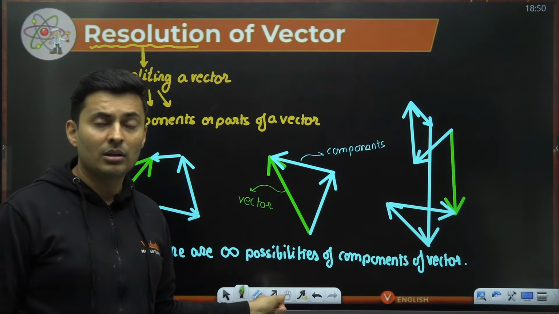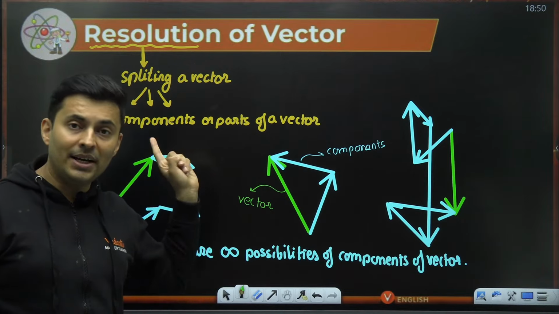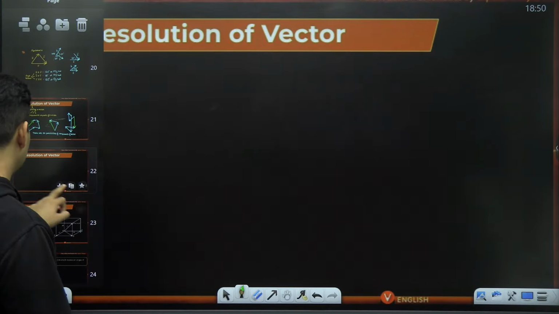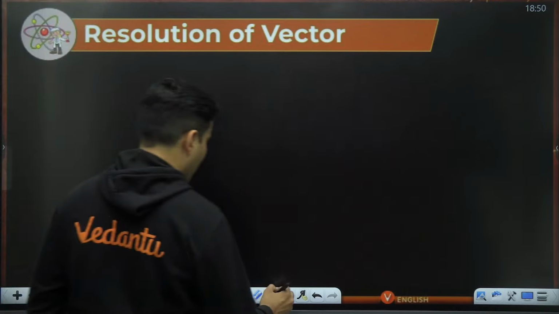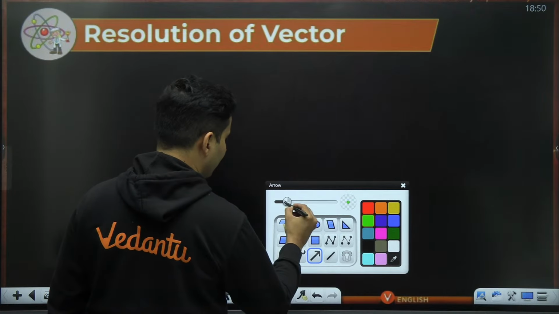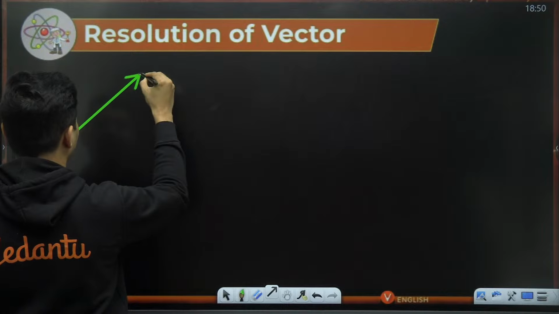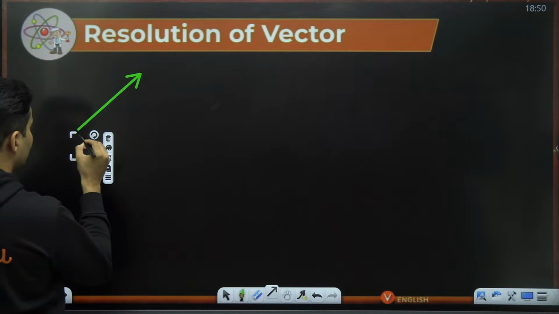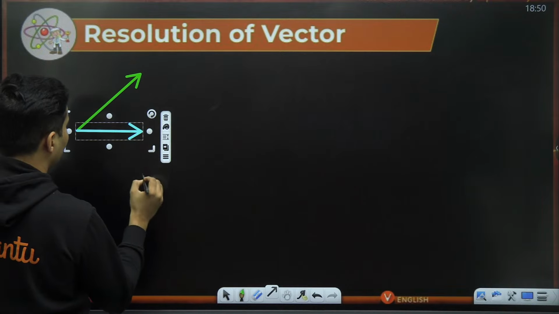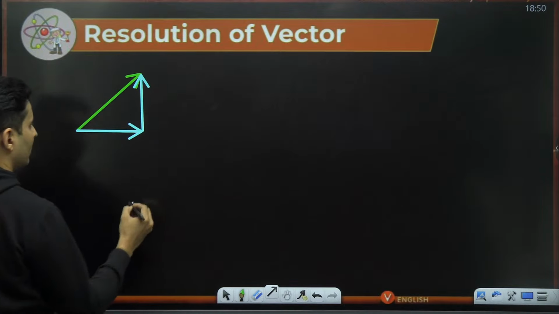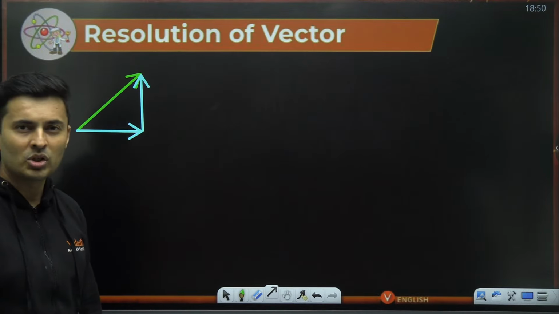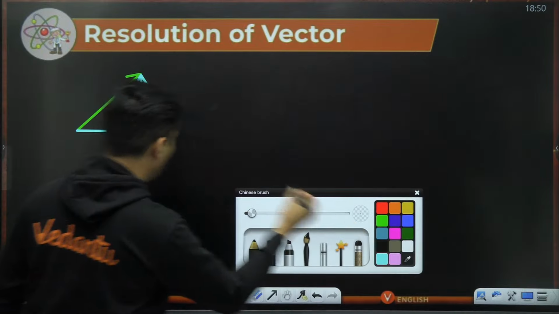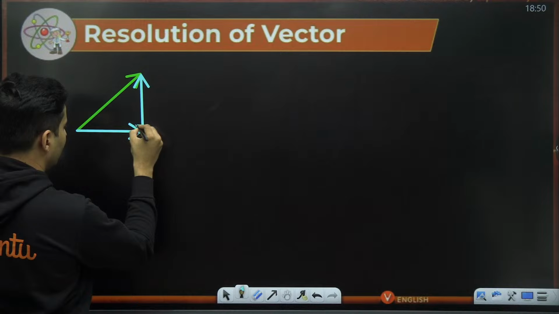But the only way which I find useful to resolve the vectors is when I have a vector and I take the components in such a way that both of them are perpendicular to each other. Yes, both of them should be perpendicular to each other.